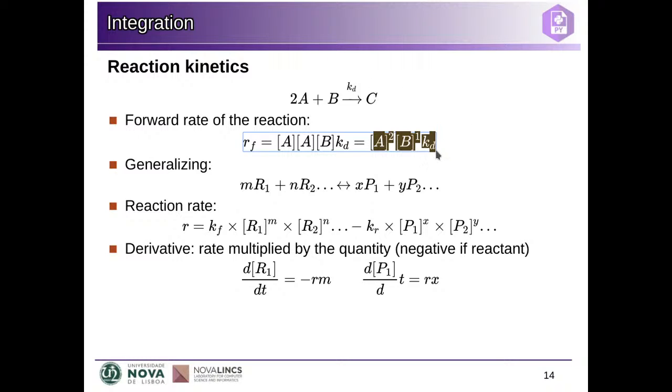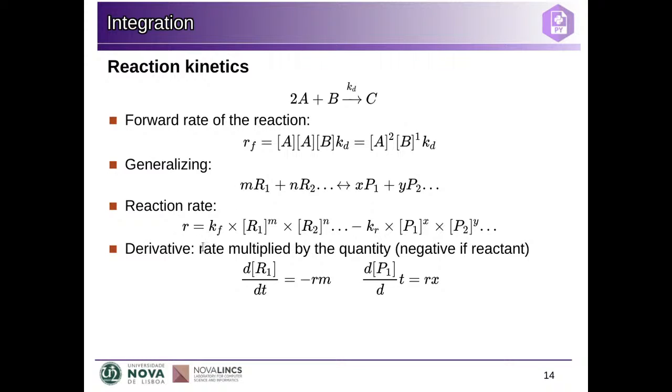So this basically will allow us to compute the derivatives of these concentrations. So if we want to generalize, then we can generalize how we are going to compute the derivatives for all of this, by starting to compute the rate of the reaction.